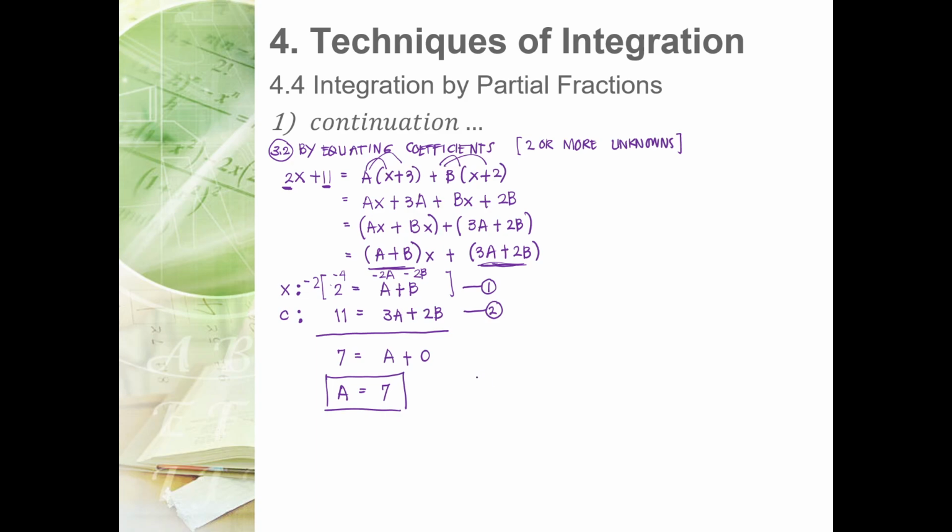You can use either equation 1 or equation 2 to solve the other unknown parameter. Equation 1 is most likely the easier one because you don't have to multiply the variables, unlike equation 2, which has 3a plus 2b. So let's use equation 1.